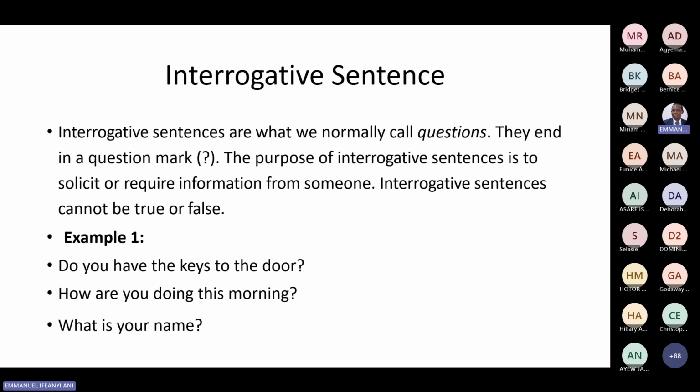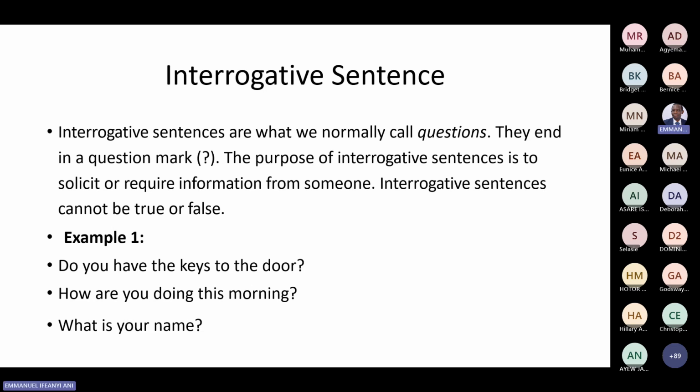First of all, we have the interrogative sentence. Interrogative sentences are what we normally call questions. They end in a question mark. So any question is an interrogative sentence. The purpose of interrogative sentences is to solicit or require information from someone.